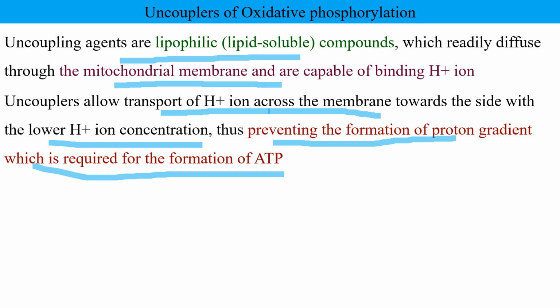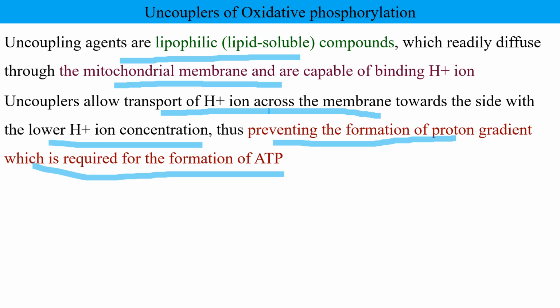In the electron transport chain, protons are transferred to the intermembrane space, which generates the proton gradient and forms the proton motive force. This proton motive force helps ATP synthase to produce ATP. But if there are uncoupling agents which diffuse the protons from the intermembrane space to the matrix, there is no proton motive force for ATP synthase and no generation of ATP.